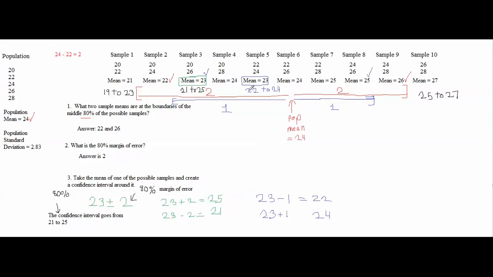So the 60% confidence interval goes from 22 to 24. We're doing 23 plus or minus 1. And this is the 60% margin of error.